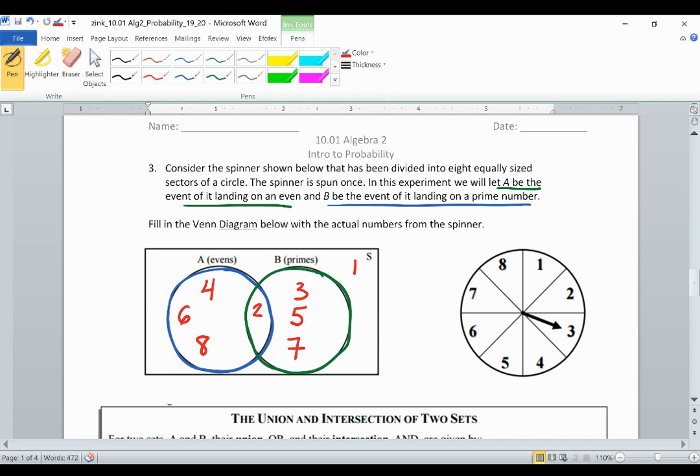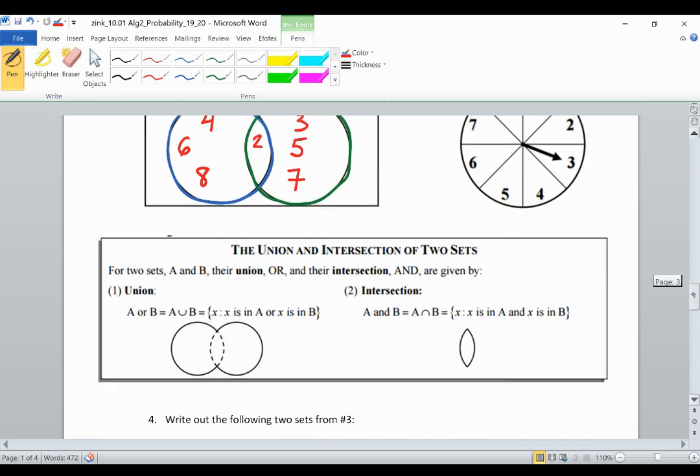Okay, so we're going to use this example for this next section. But before we go to the next questions, I just want to talk about what union and intersection mean for sets. So when you have 2 sets, let's say set A and set B, if we're talking about their union, then we're talking about everything that's in A and everything that's in B. So think about when you marry someone, you unite together and bring all of your stuff together with all of your spouse's stuff.